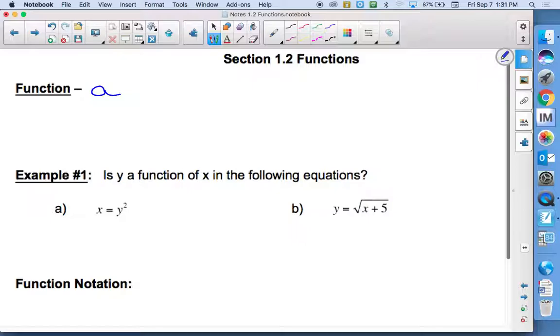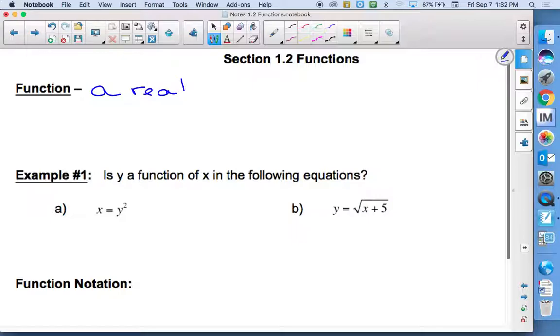It was on your chapter 2.1 to 2.4 quiz from last year. Is this what we kept getting wrong? So is it where one input can only have one output? Yep, that's it.